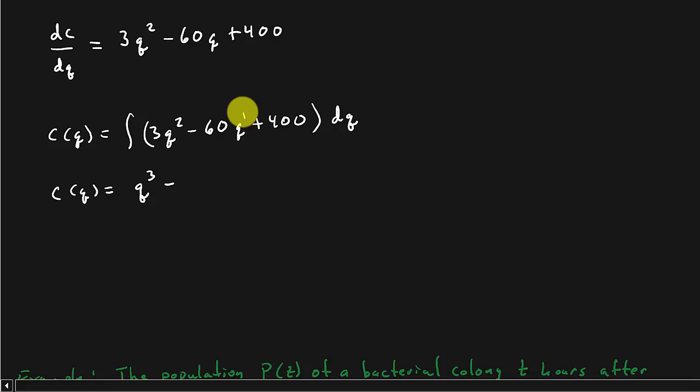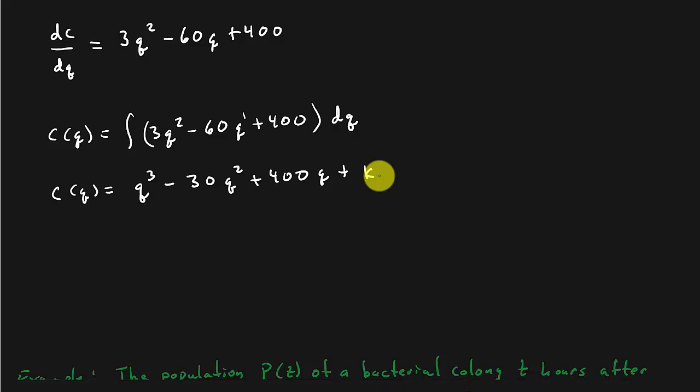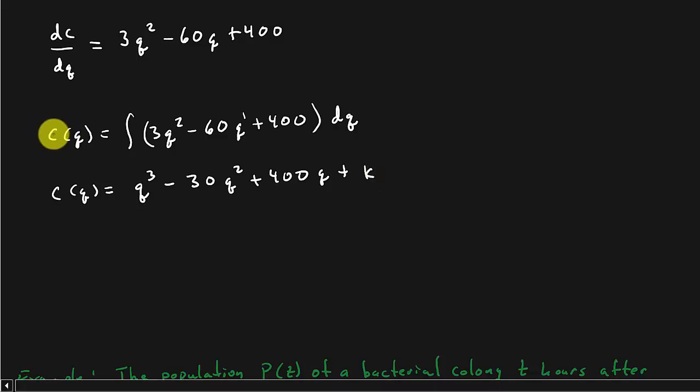What's the reciprocal of 2, my new exponent? 1/2. What's 1/2 times 60? That's 30 Q squared plus 400 Q plus what? Plus our constant. I'm using a K. Typically, you use C, but I'm using a C right here to represent my cost function, so I don't want to get this C confused with this C.